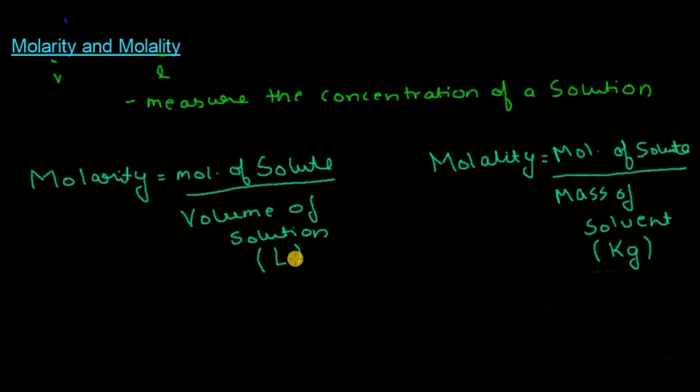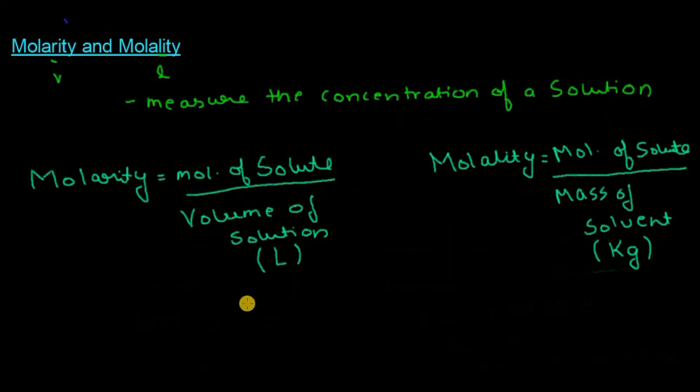So the first difference is that here we are going to consider liters and here we are going to consider kilograms. Now the second, most important difference is that for molarity, we consider the volume of solution. Now what is solution? It is nothing but solute plus solvent. So we are considering both.